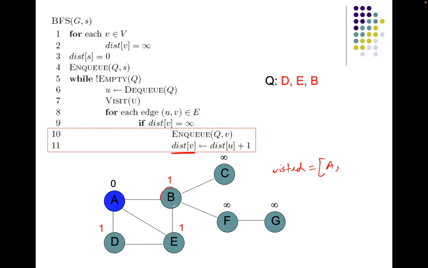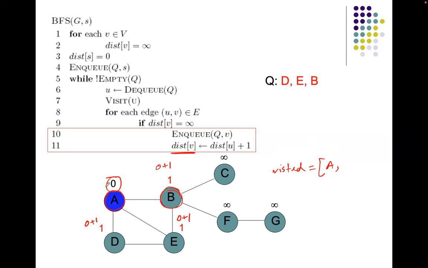We found this neighbor by following the node A, so A is the immediate parent of node B. So we add 1 to the dist value of A. A had dist value 0, so B will have 0 plus 1, E 0 plus 1, D 0 plus 1. So B has dist value 1, E has 1, D has 1.